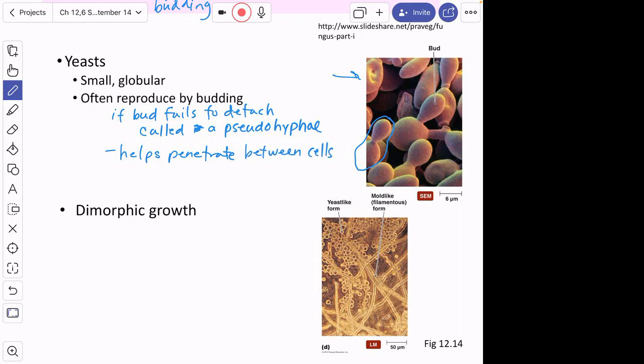And know that some organisms are not either yeast-like or filamentous. It could depend on the situation, what body type the organism takes. So we call that dimorphic growth, if the fungi exhibit both yeast-like and filamentous growth.